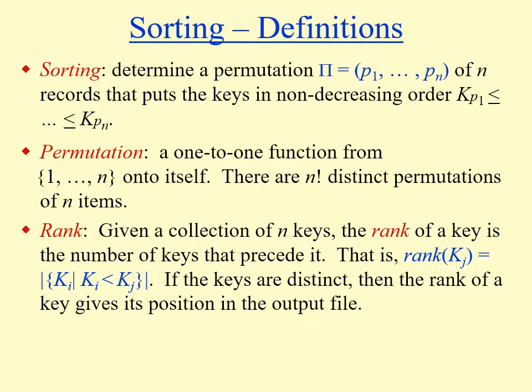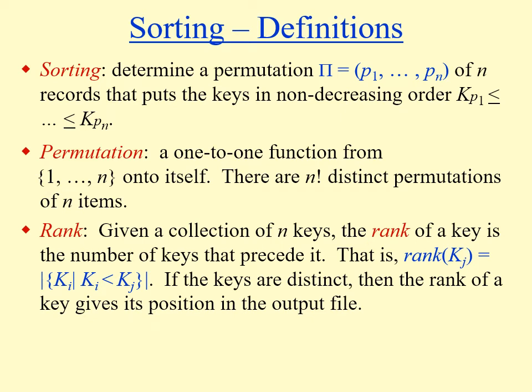The rank of a key is the number of keys that precede it. So how many keys are in front of the current key? Then the rank of that key is the total number of keys that are in front of it.